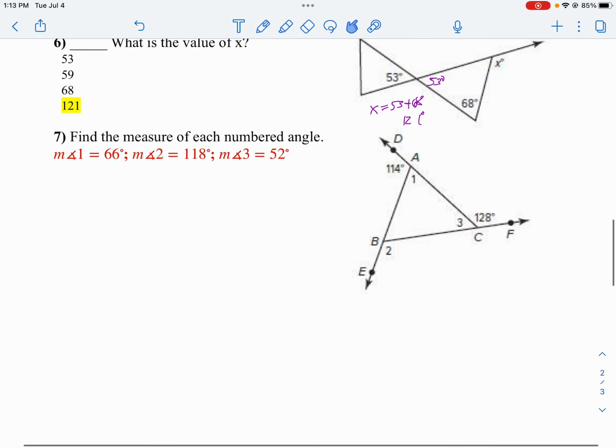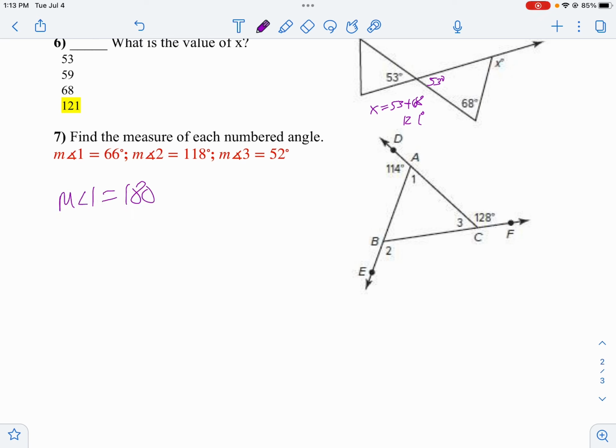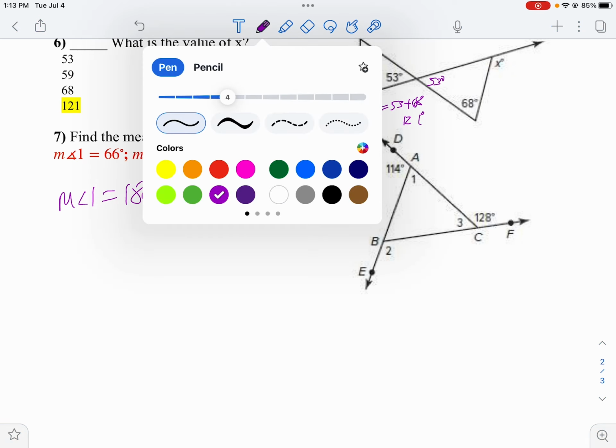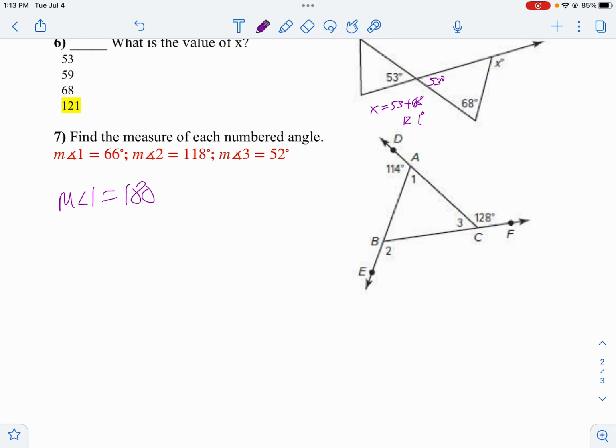On number 7, I want to find the measure of each numbered angle. Well, I know the measure of angle 1 is going to be 180 minus 114, and 180 minus 114 is 66 degrees.